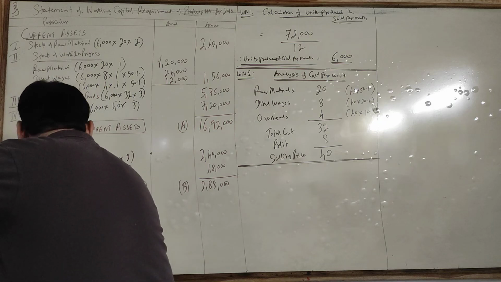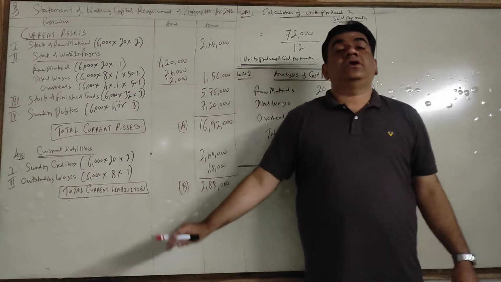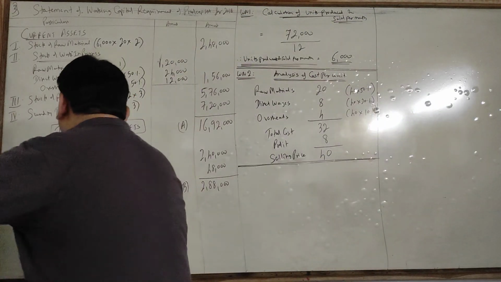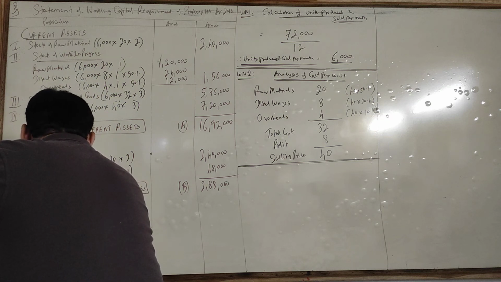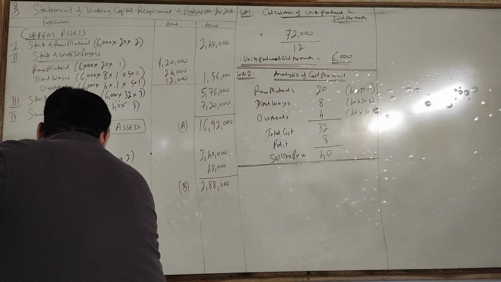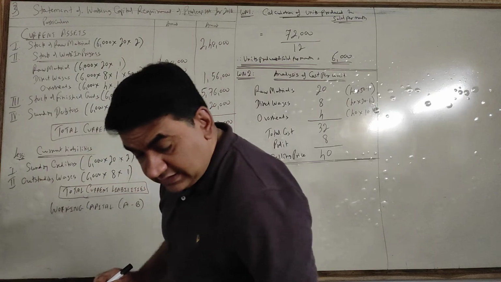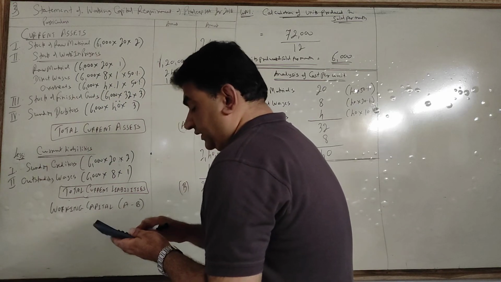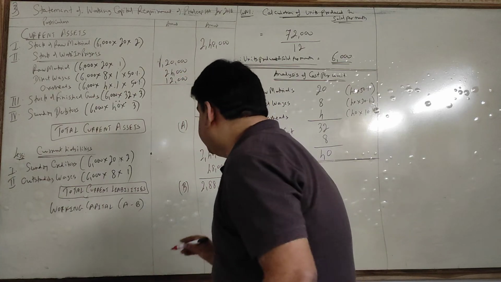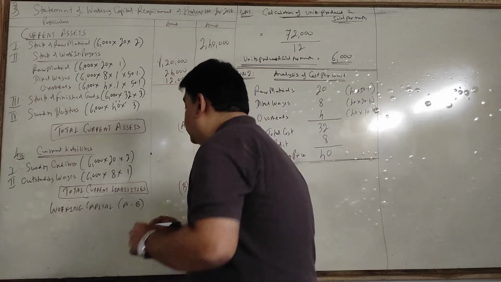Call this total current liabilities. I've got my current assets, I've got my current liabilities. Therefore, my working capital will be A minus B. That will give you 1692 minus 288, which gives you 14,04,000.